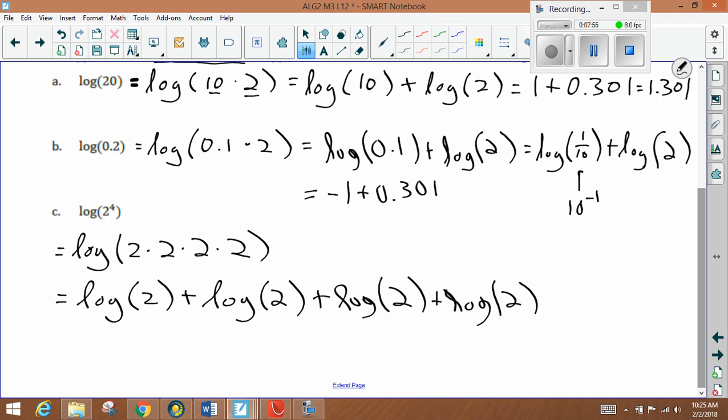And that's going to be 0.301 plus 0.301 plus 0.301. We don't need it. What we need to do is know how to use these properties, right?